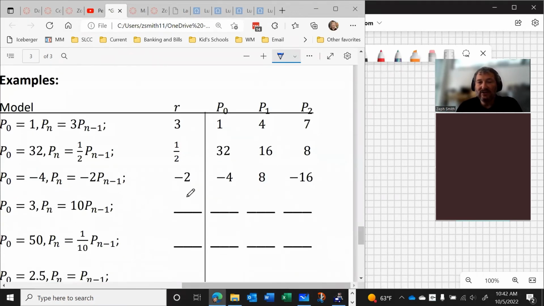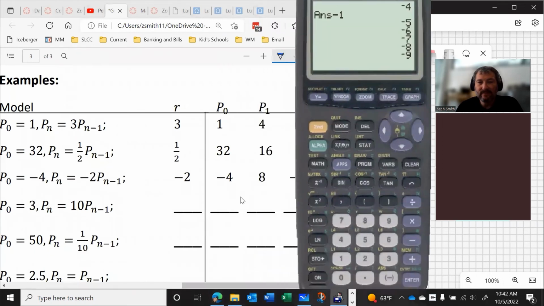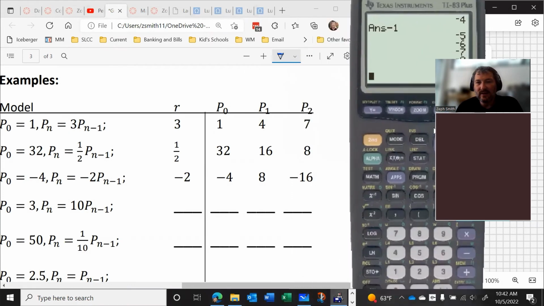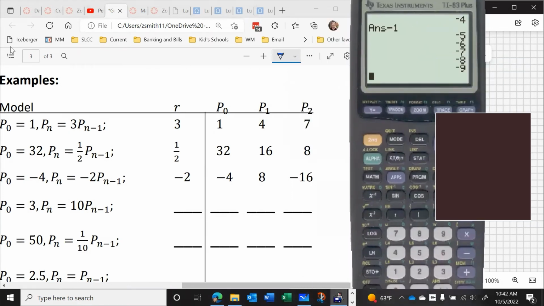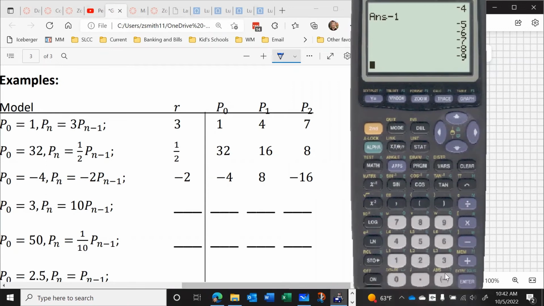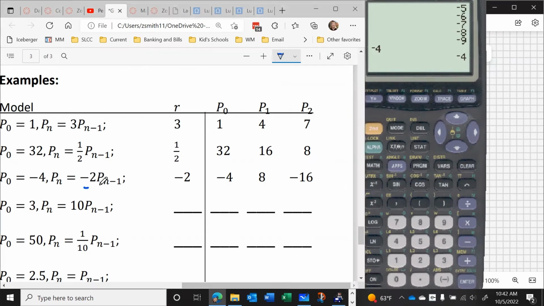If I were to jump straight into stuff over here, let me just show you. This third one, p sub 0 equals -4. So you start with -4, your initial value. Done. And then to code this in on the right side here, everywhere you see the p sub n minus 1, you use your answer button.